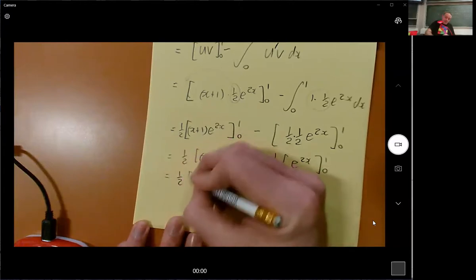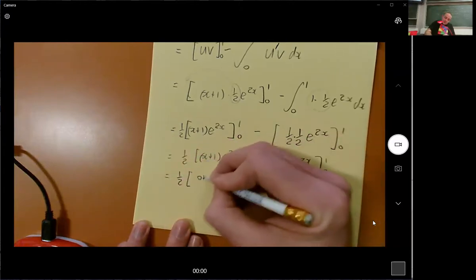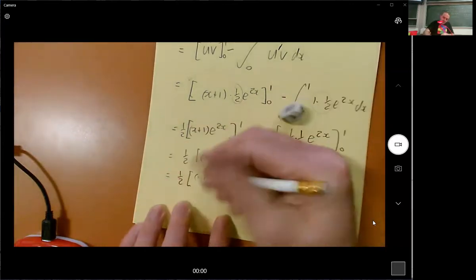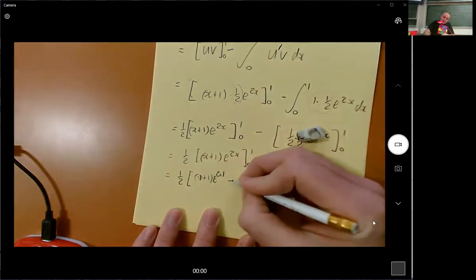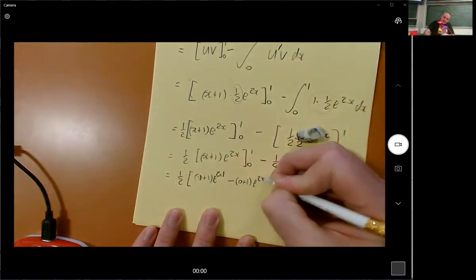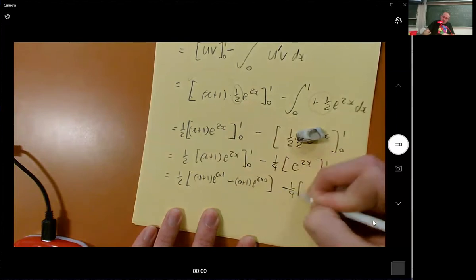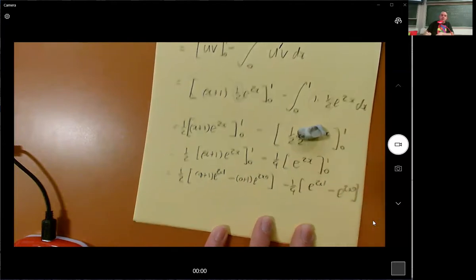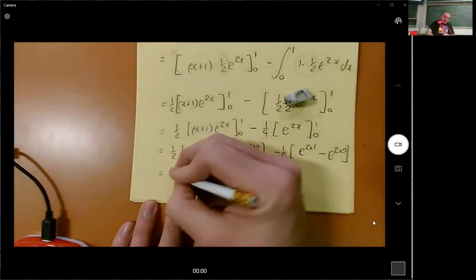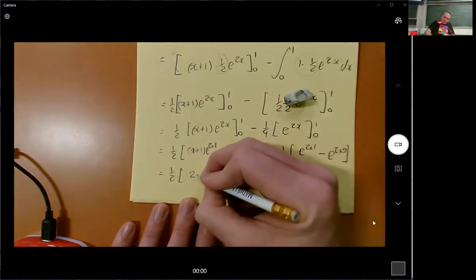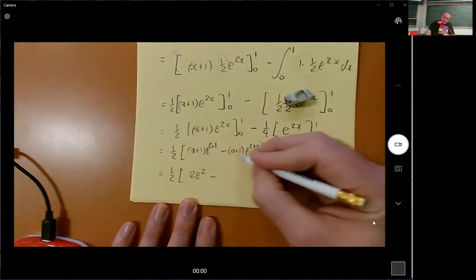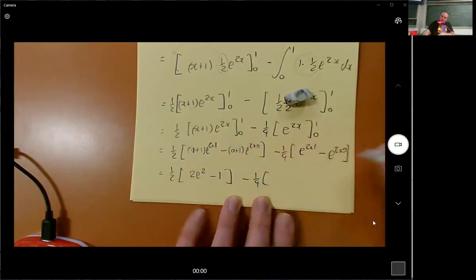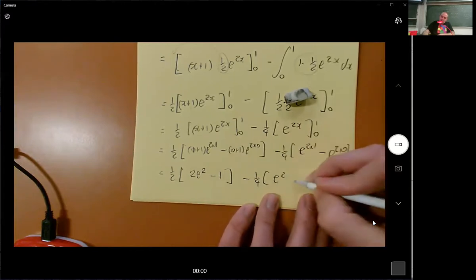So I've got a half of 0 plus 1 e to the power of 2 times, no, that's the wrong end, David. 1 plus 1, 2 times 1, minus 0 plus 1 e to the 2 times 0, minus a quarter of e to the 2 times 1 minus e to the 2 times 0. And that becomes a half of 2e squared minus 1 times, and e to the 0 is 1. And we've got e squared minus 1 again.